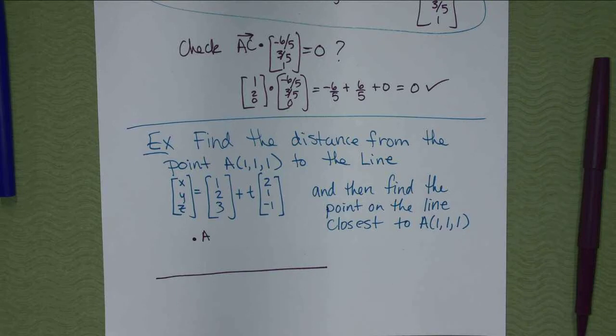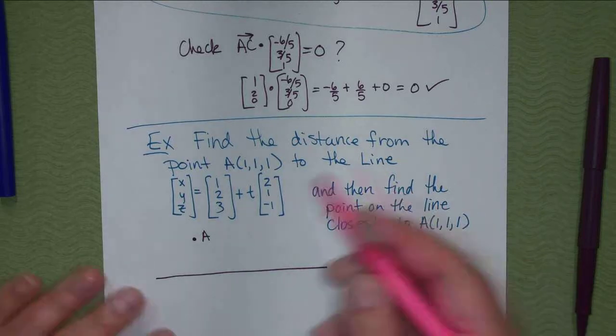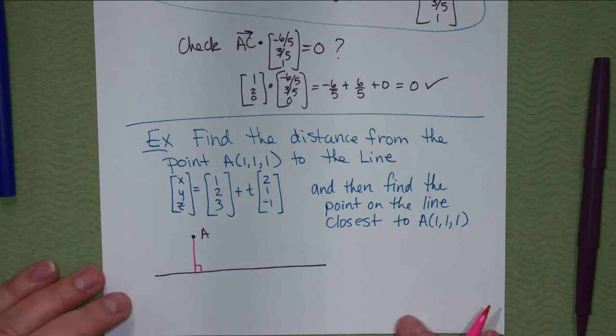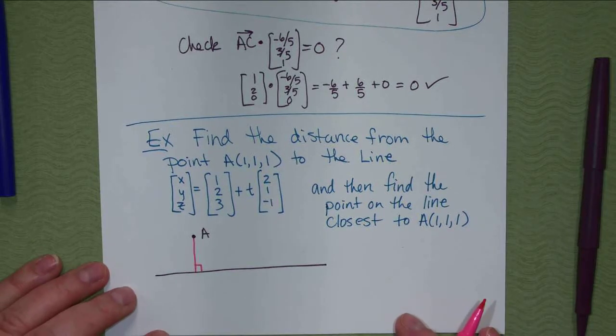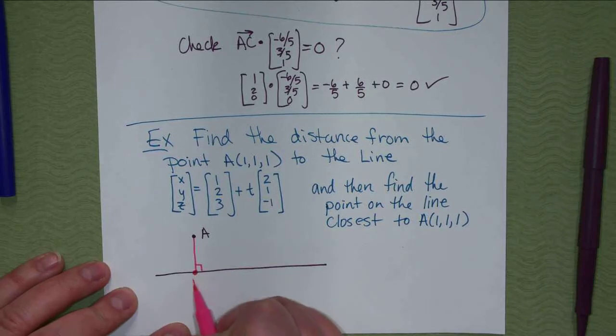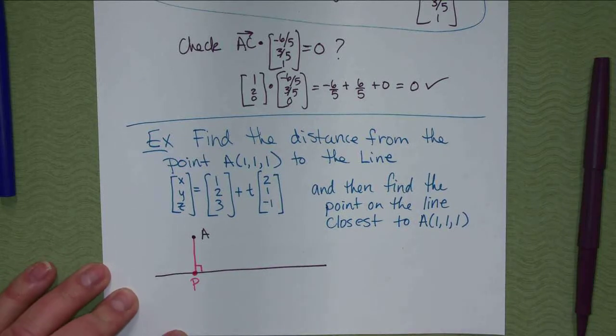The closest. So what is the closest distance? It is always the orthogonal distance, right? So it's asking for how long is that vector between A and some point here, let's call it P, which we don't know what that point is.